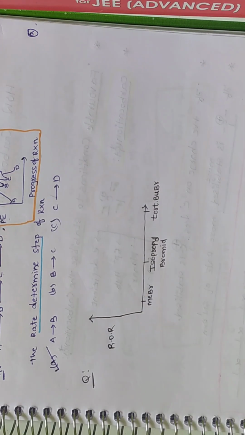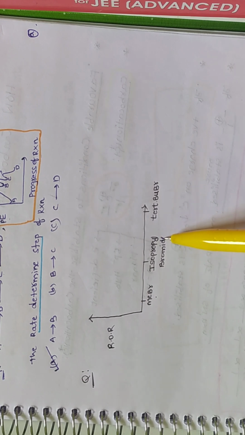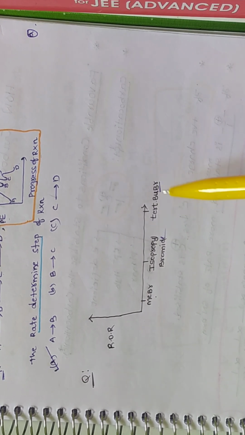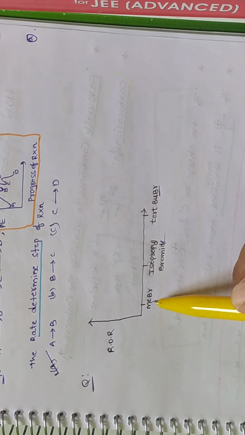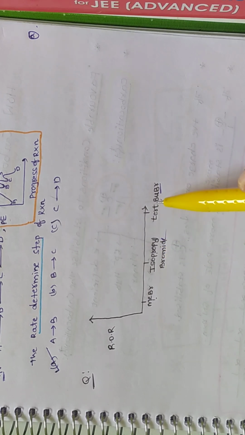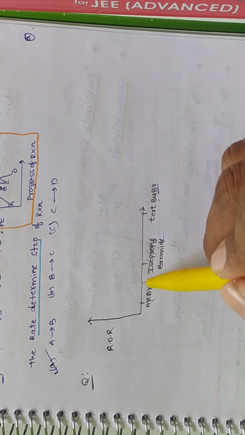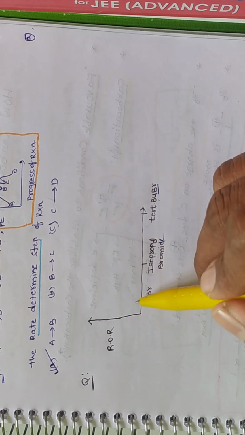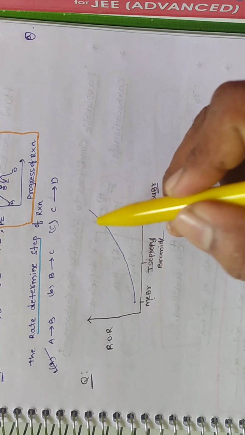Next, you can try this graph. Rate of reaction: they have given methyl bromide, isopropyl bromide, and tertiary butyl bromide. What about the rate? Now this is a 0-degree carbocation, this is a 2-degree carbocation, and this is a 3-degree carbocation. The more substituted the carbocation, the more the stability, so the rate of reaction increases like this.